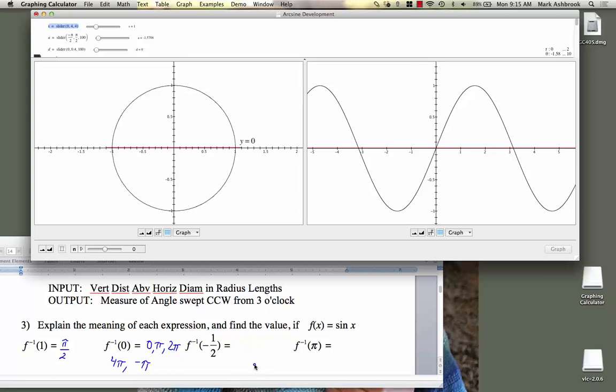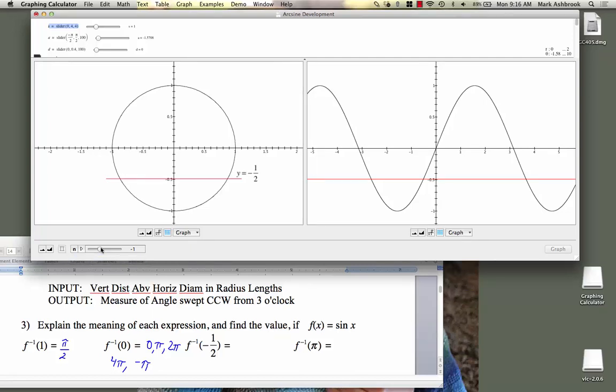Okay, what about negative 1/2? Here we are at negative 1/2. What does that expression mean? How about Jose? F inverse of negative 1/2. What does it mean?